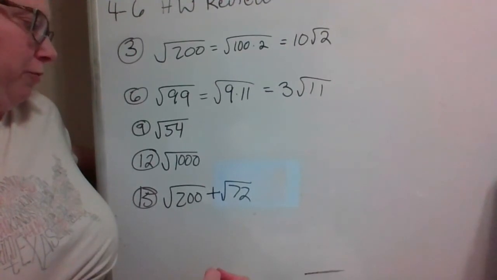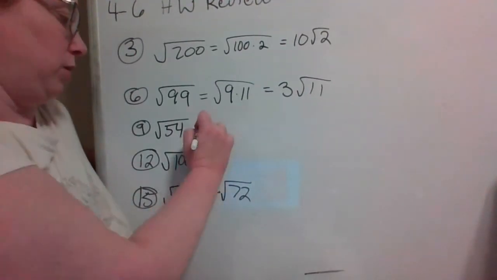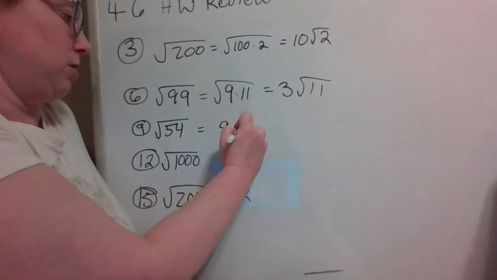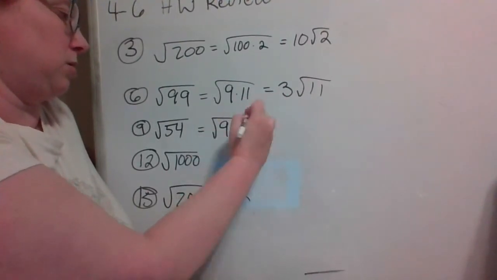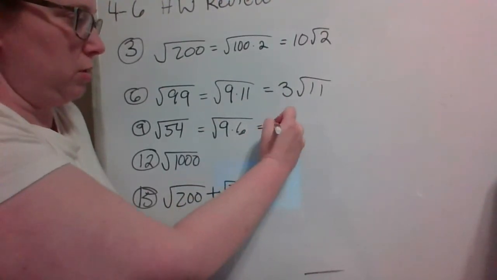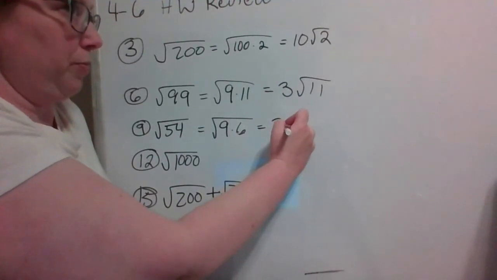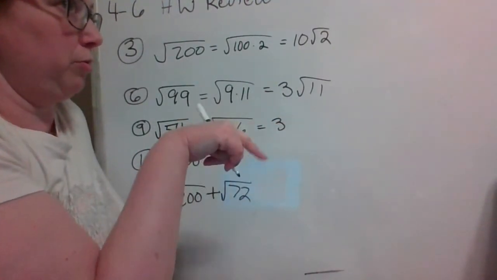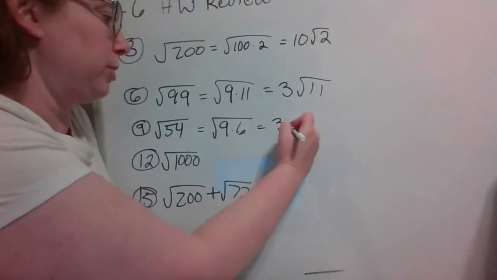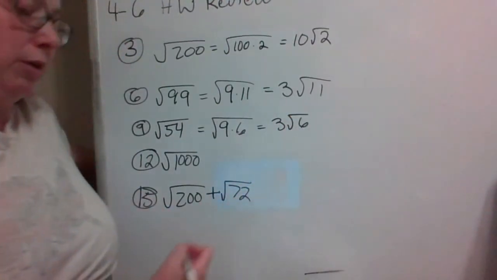Next up we have 54, which would be, again, 9 times 6. So the square root of 9 is 3. 6 we can break up into 2 and 3, but neither of those is a perfect square, so we're just going to leave it 3 root 6.